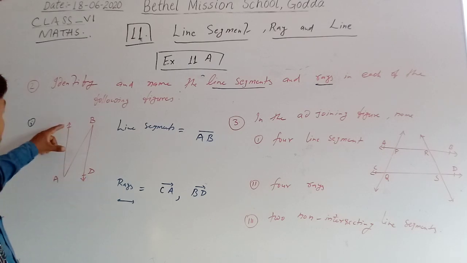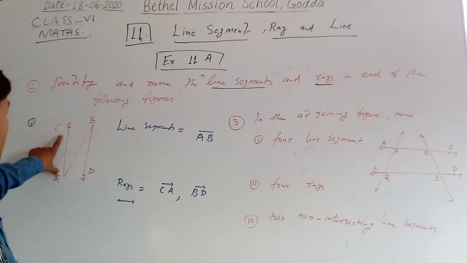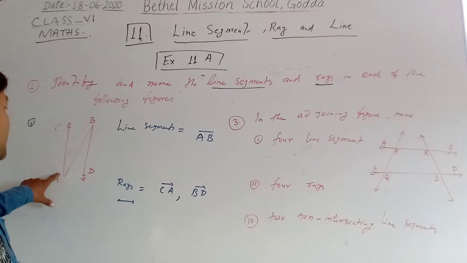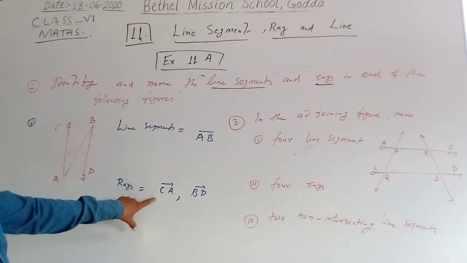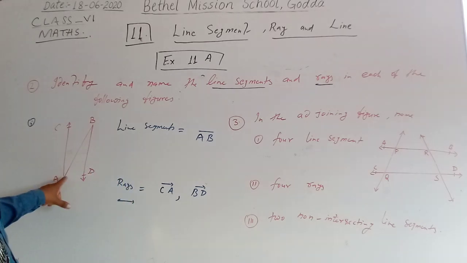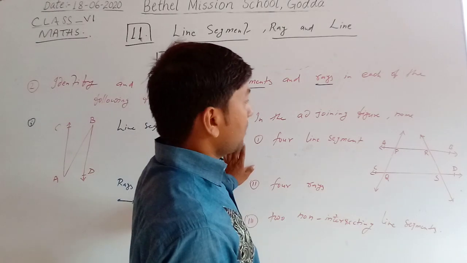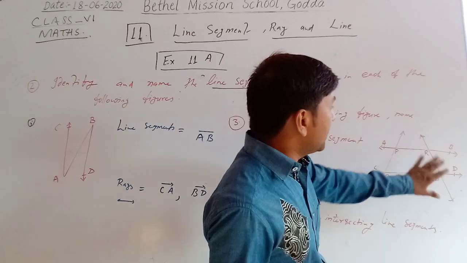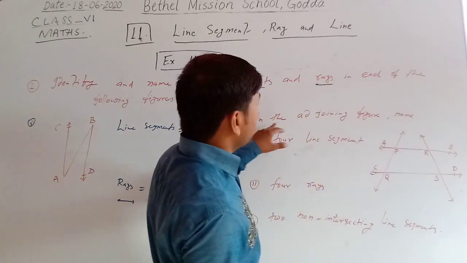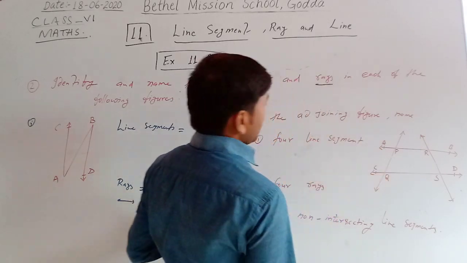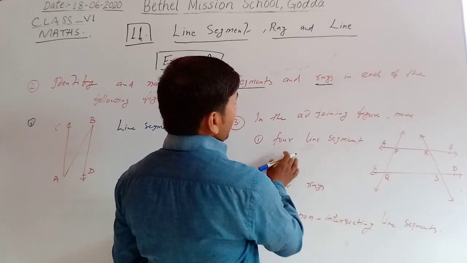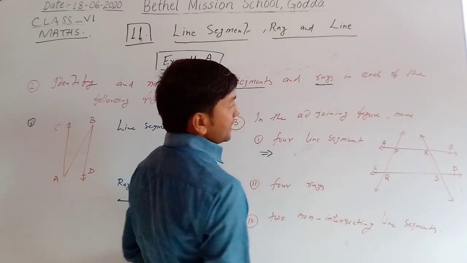Okay, so where you look the arrow symbol one sided, you can say that is ray, and where it isn't given, that is line segments. Now third number question says, in the adjoining figure you have to write 4 line segments.